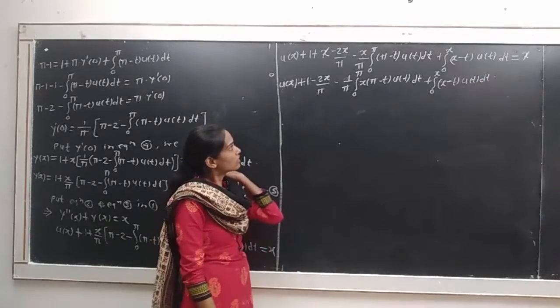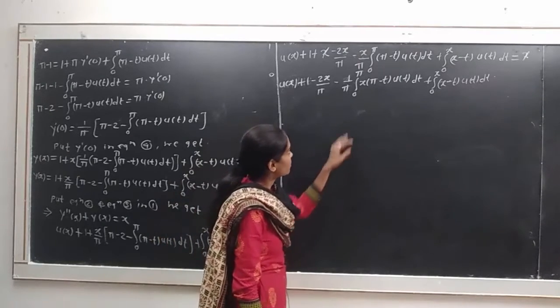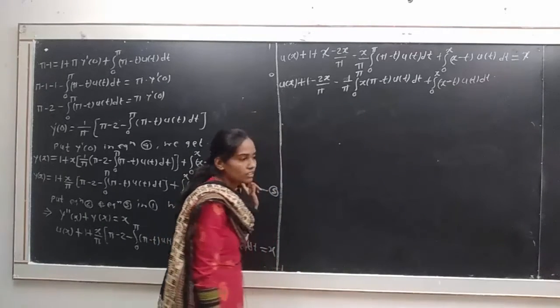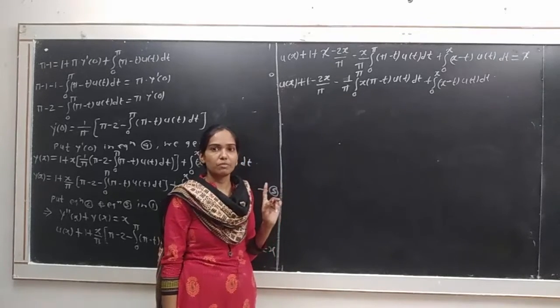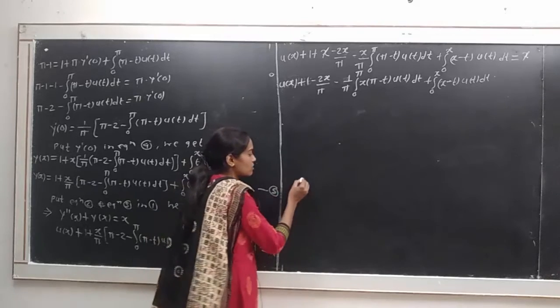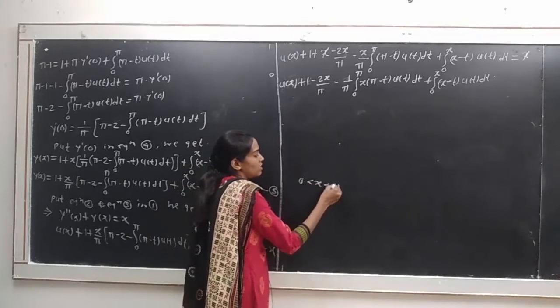Okay students, here we are given that in the boundary value problem x lies between 0 and pi, that is 0 less than x less than pi.